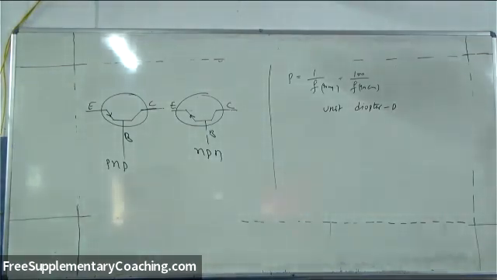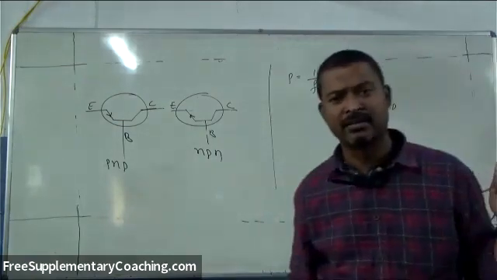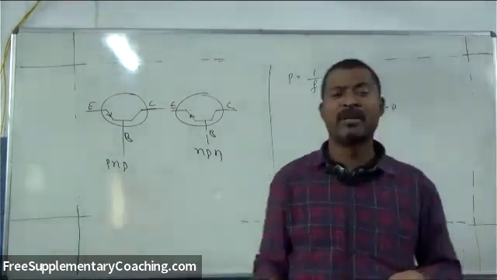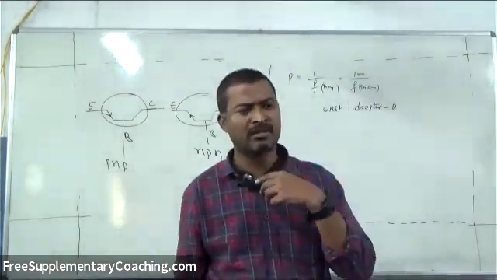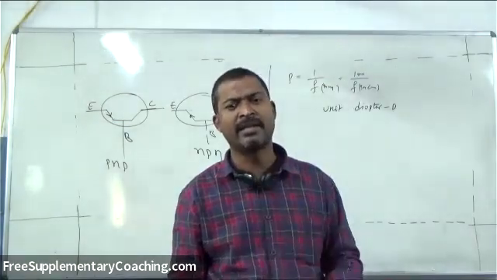And the next one is, what is myopia? How can it be corrected? Or what is hypermetropia? How can it be corrected? Myopia means nearsightedness.